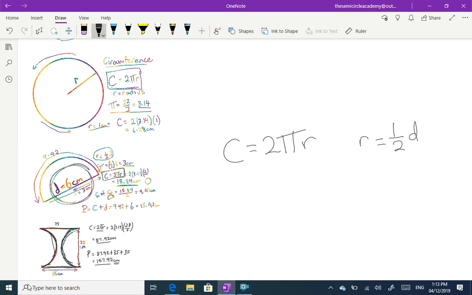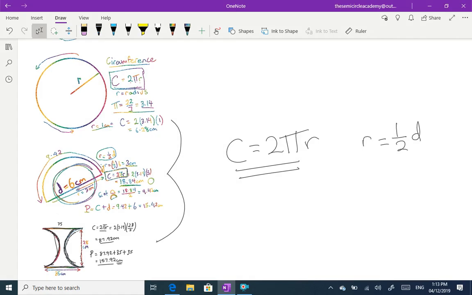So once we know this formula, we basically can figure out any type of question. The next thing we're going to be looking at would be area and finding the areas of these shapes.